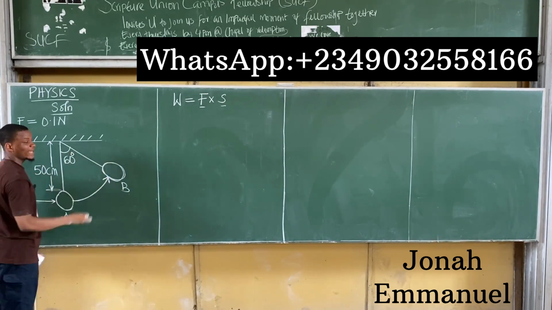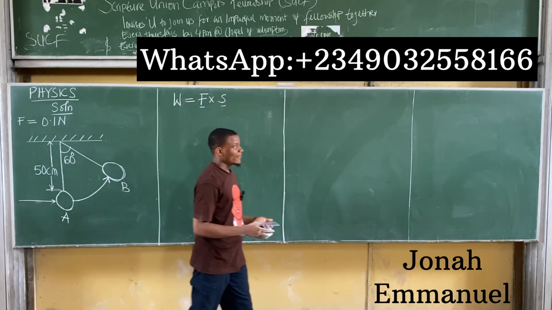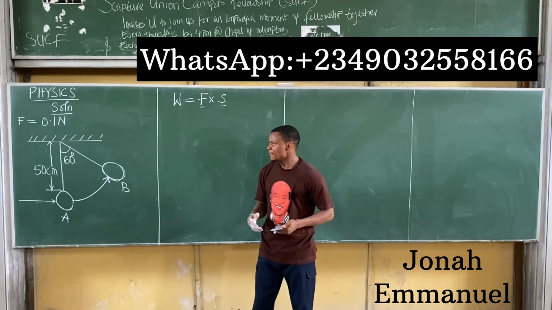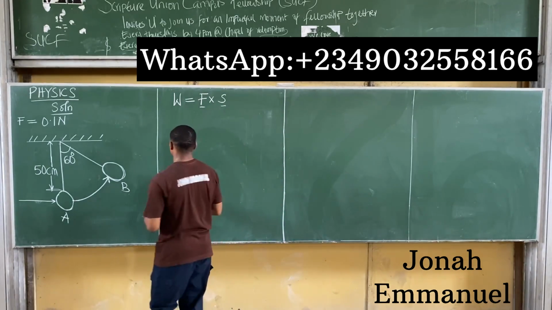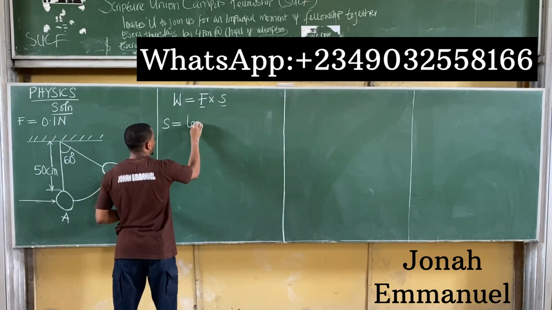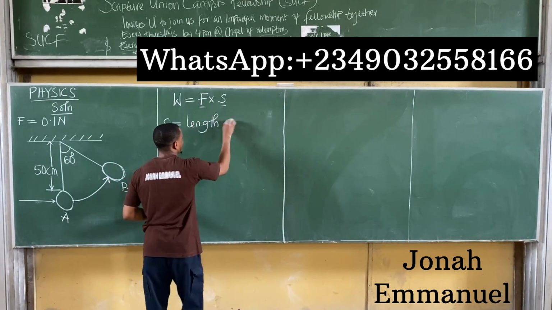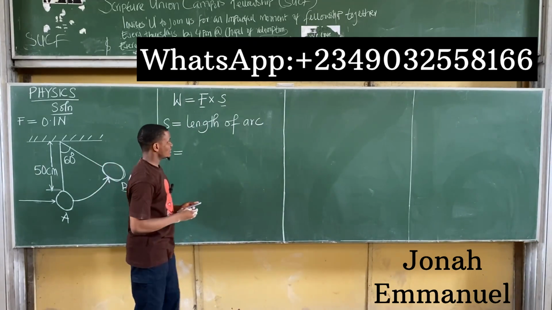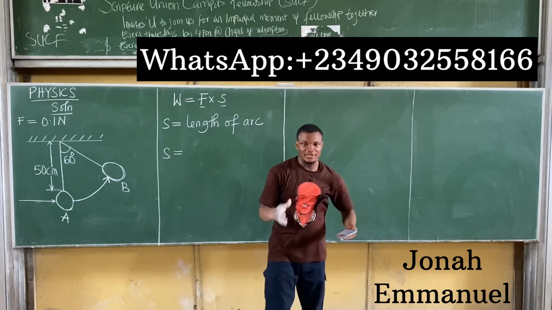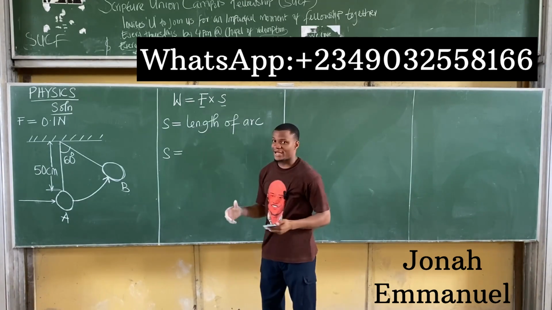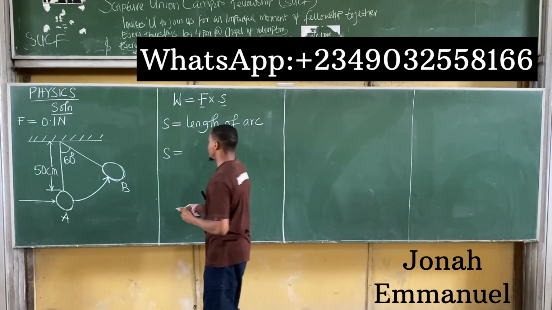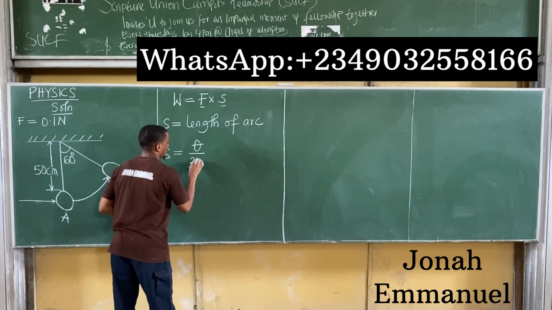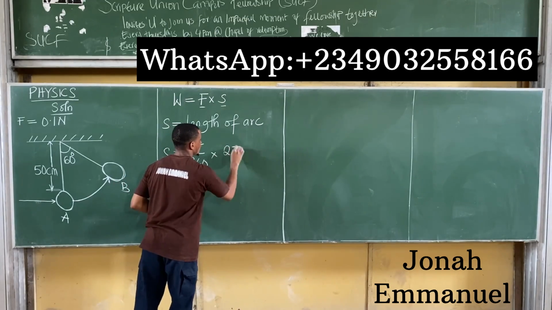What we have here is called an arc. What's an arc? An arc is simply any path of the circumference of a circle. So notice that the distance S is equal to the length of the arc covered. From the concept of circular geometry, the formula for the length of an arc is theta over 360 times 2 pi r.